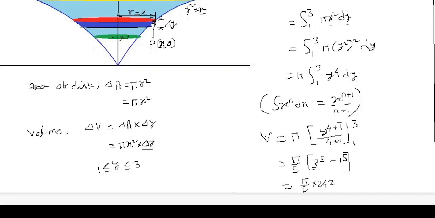So our final value of the volume is 242 pi divided by 5. So this is the volume of the solid generated by the bounded curves and line about the y-axis.